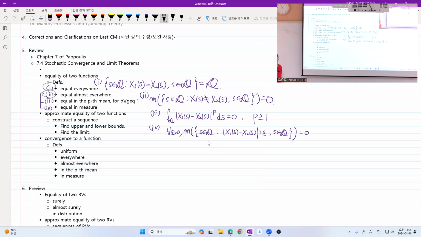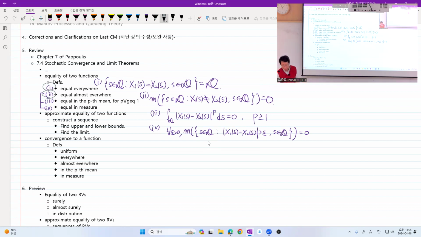This situation changes a lot when we want to claim that two functions are approximately equal, so that we construct a sequence of functions, and we talk about the convergence of a sequence of functions to another function.